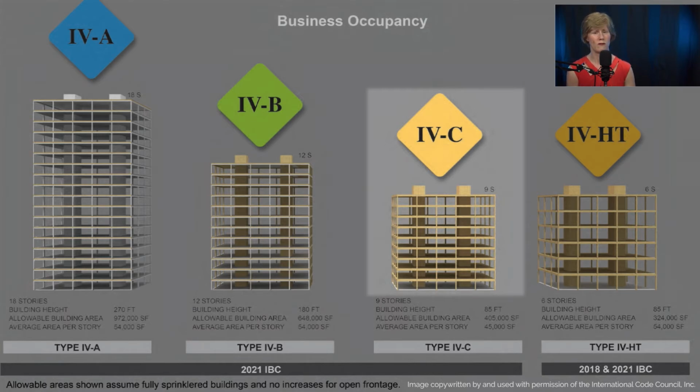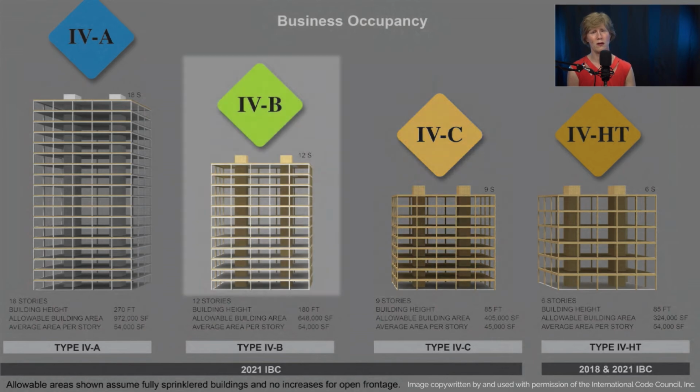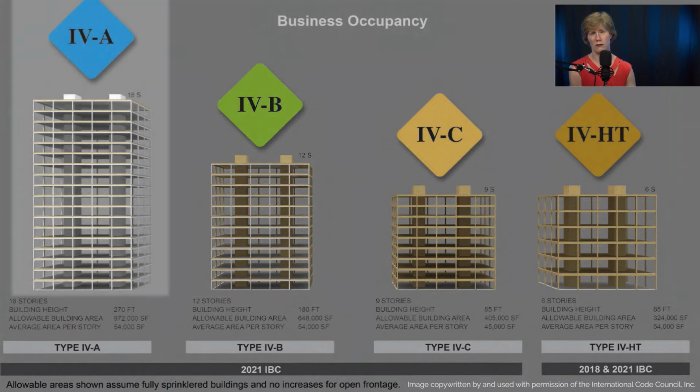As we move across the table to the left to Type 4B, now we're providing for the majority of the elements to be encapsulated in gypsum with at least 2 layers. And now we're going to go from a 9-story to a 12-story building. Now, if we go to the far left, we've gone to the most restrictive classification, which is Type 4A. This requires all of the mass timber elements to be encapsulated with at least 3 layers of gypsum.